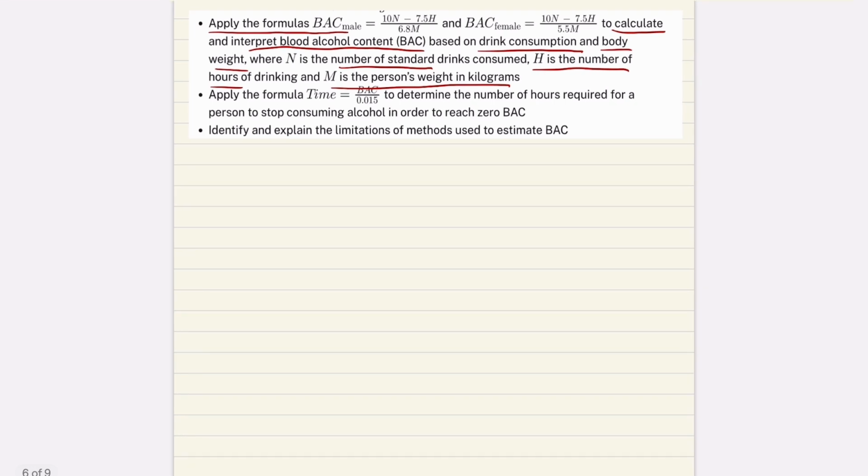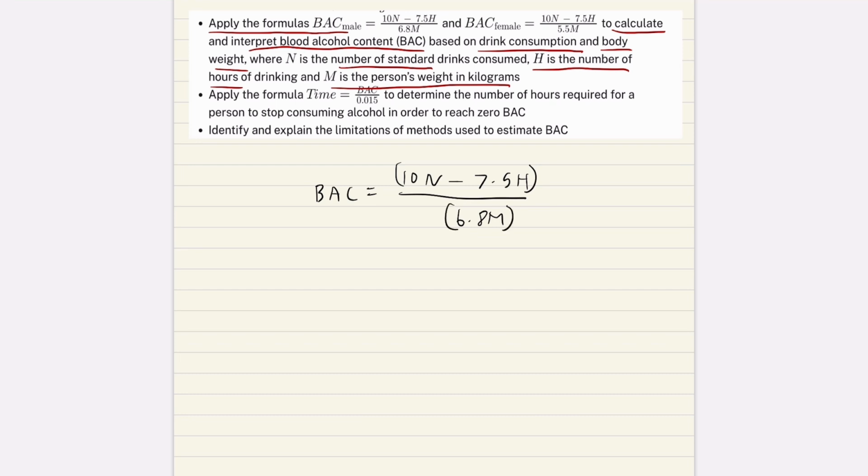So the very first thing I want you to notice about this formula, BAC, I'll just write the male one for now, 10N minus 7.5H over 6.8M, is the bigger that this thing gets on the top of the fraction, so the bigger your numerator gets, the bigger your BAC value will get.